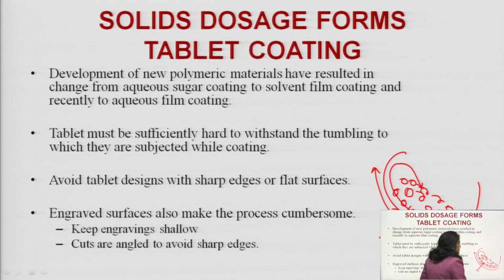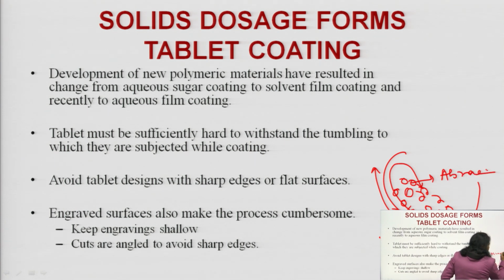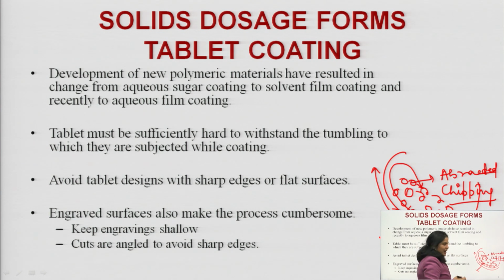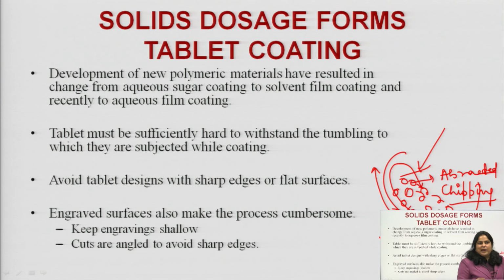During this tumbling effect, the tablets get abraded or chipping of the tablets can occur. So ultimately the tablets are broken down, and when the liquid is sprayed on the broken tablet, our tablet coating process is not up to the mark. So we should keep in mind that the tablet must have sufficient hardness to withstand the tumbling effect when it is subjected to a coating pan.